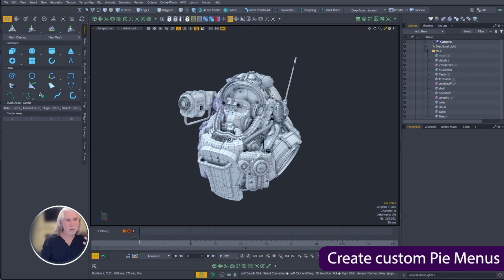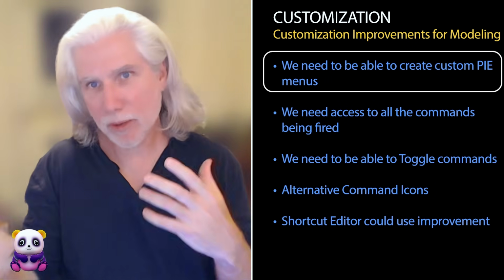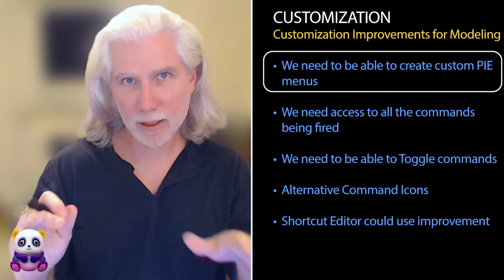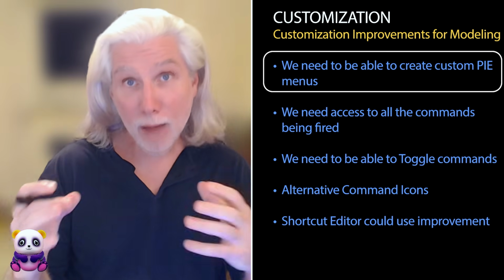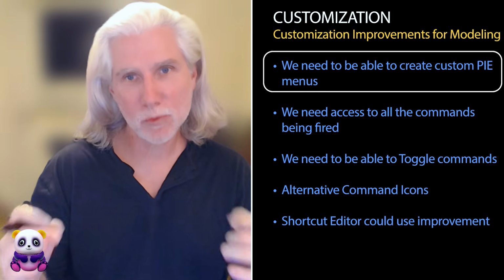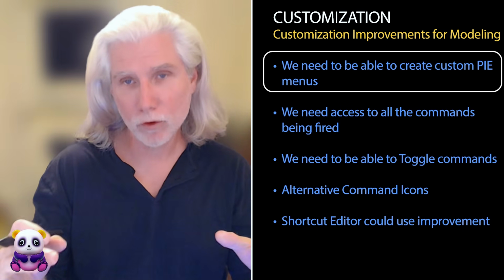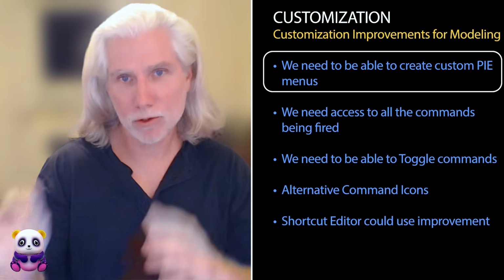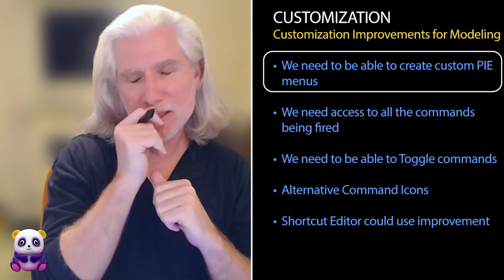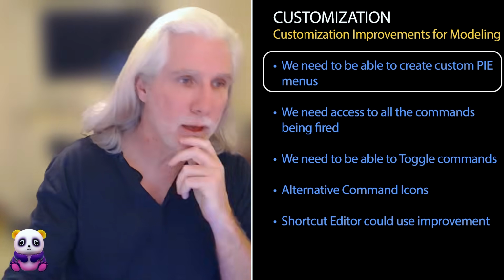It's muscle memory, and you need to be able to customize the program you spend 8 to 10 hours a day in to take all of these common things you do, especially with modeling, because in modeling you're doing a lot of the same things over and over, and put them on a pie menu muscle memory toggle so you stay within the flow. So that's the main thing I want to say about customization.